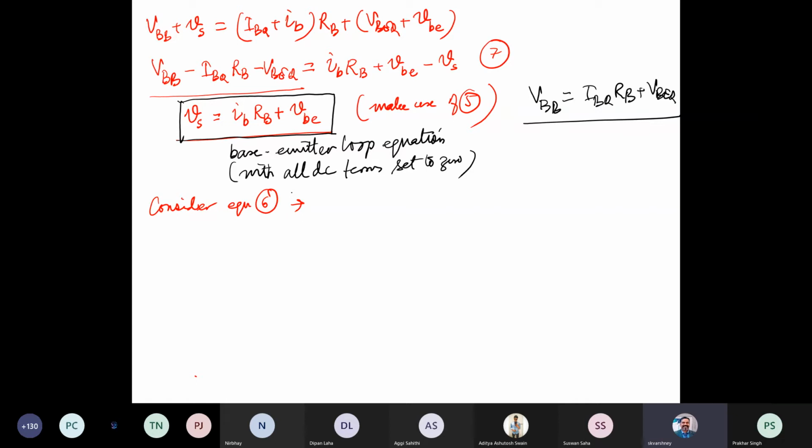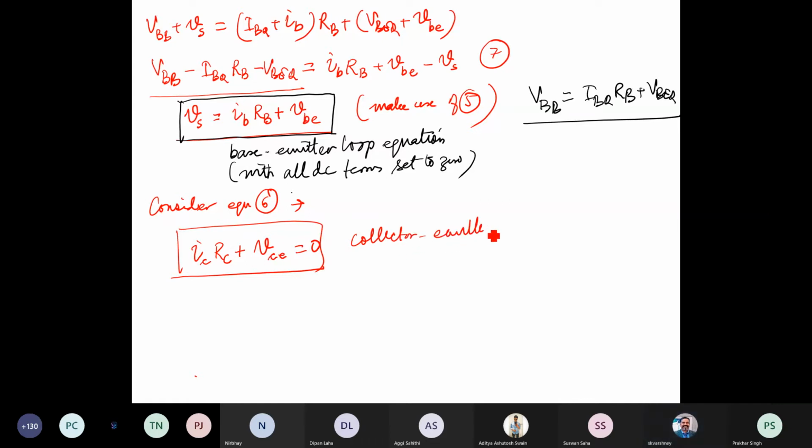We will be left with an equation ic RC plus vce equals 0, which is the collector emitter loop equation when all the DC terms are 0.